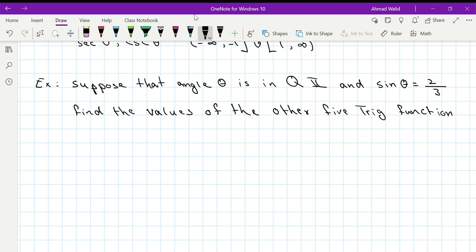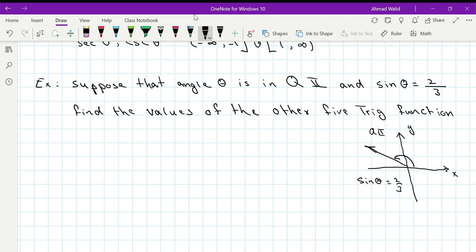Here you have to focus on the sign of them also, correct? Your angle is in quadrant 2 in a standard position. You have an angle here in quadrant 2, whatever that angle is. This is x, this is y, this is your quadrant number 2. And the sine of your angle is given to you: sine theta equals 2 over 3.